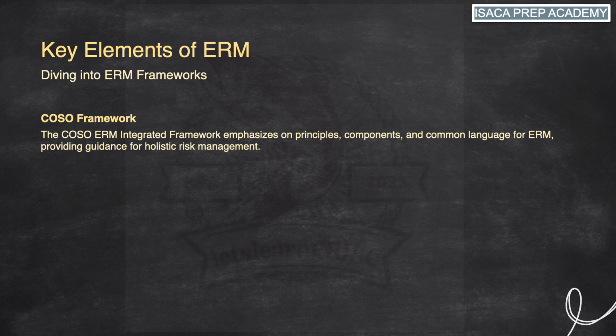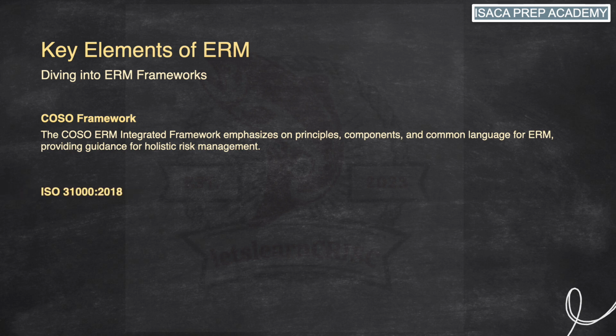It focuses on principles, which are like basic rules, and components, which are the parts that make up the whole system. By using this framework, businesses can have a common way of talking about risks and managing them in a way that looks at everything together. It is like having a map that shows you all the important landmarks and how they are connected, so you can navigate through the risks more effectively.